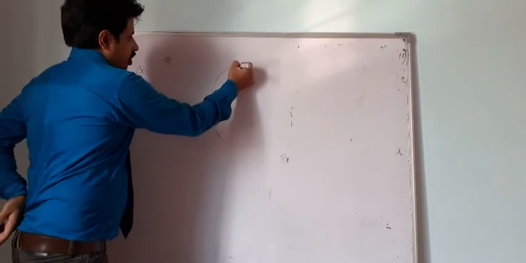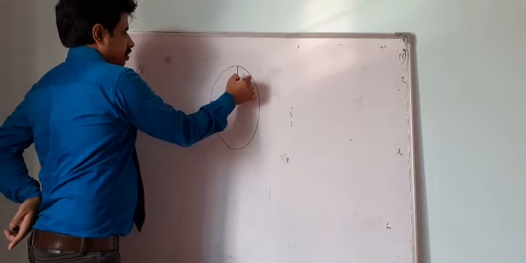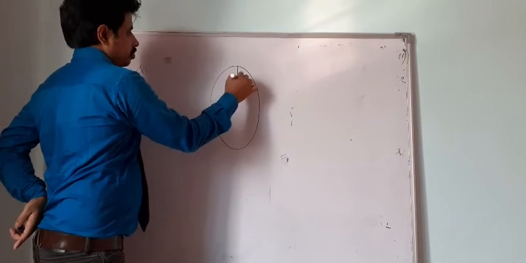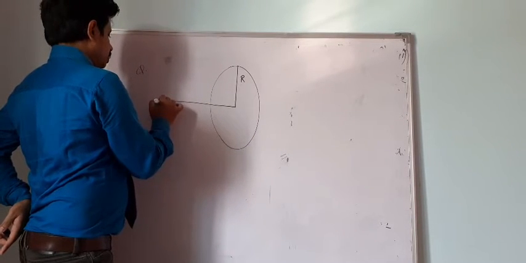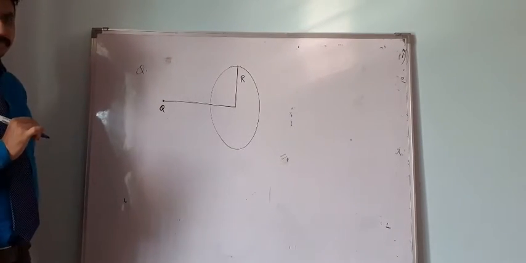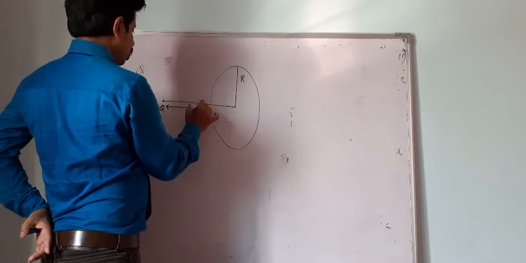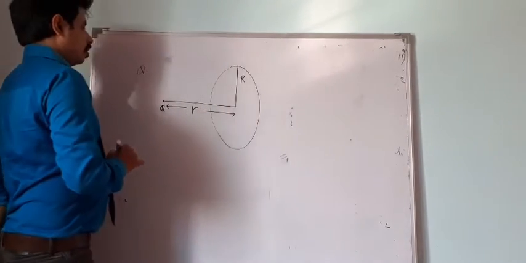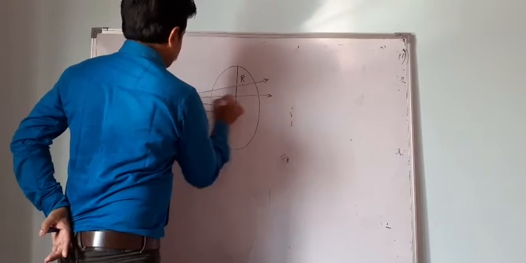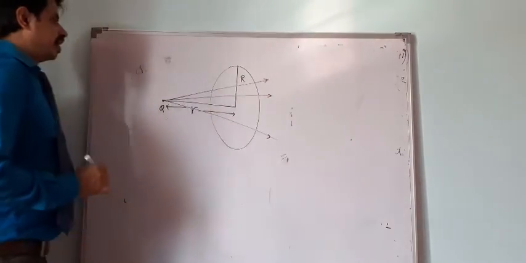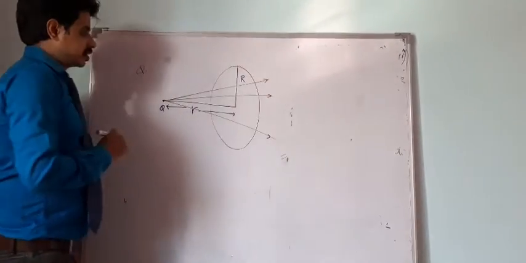Suppose there is a circular disc of radius capital R, and a point charge Q is placed on its axis at a distance of small r, and suppose electric field lines are emerging from it, and we have to find the flux of this electric field through this disc.